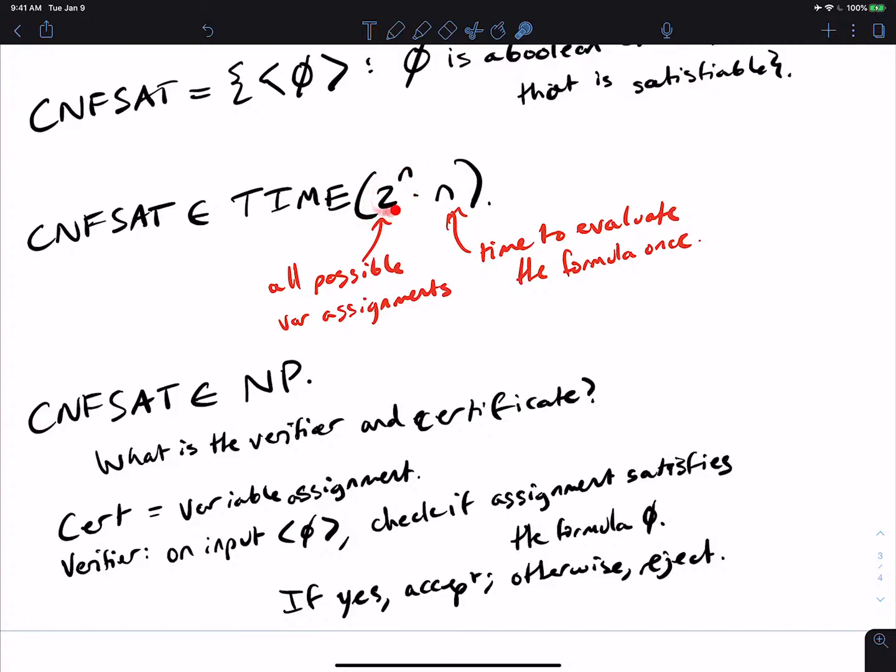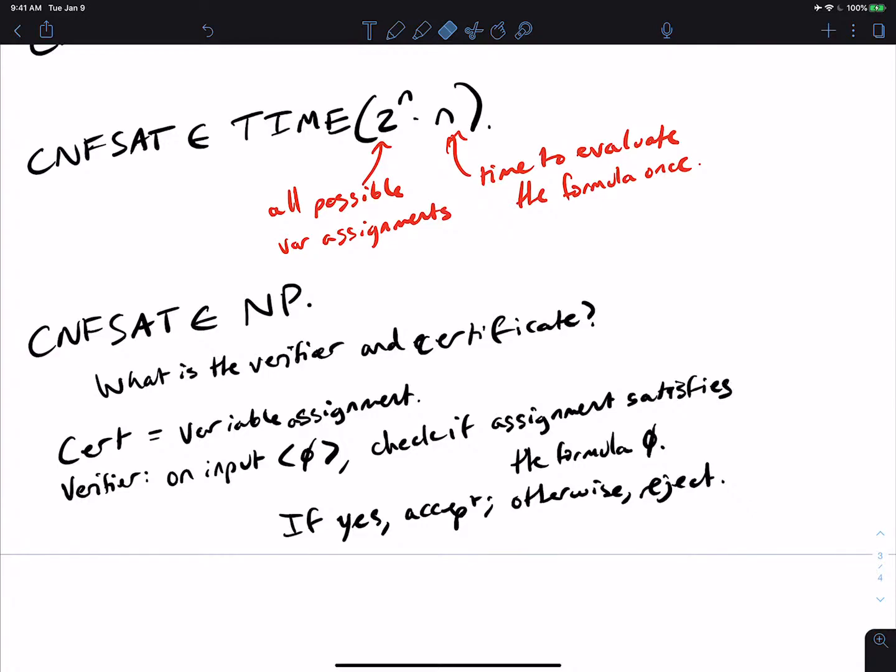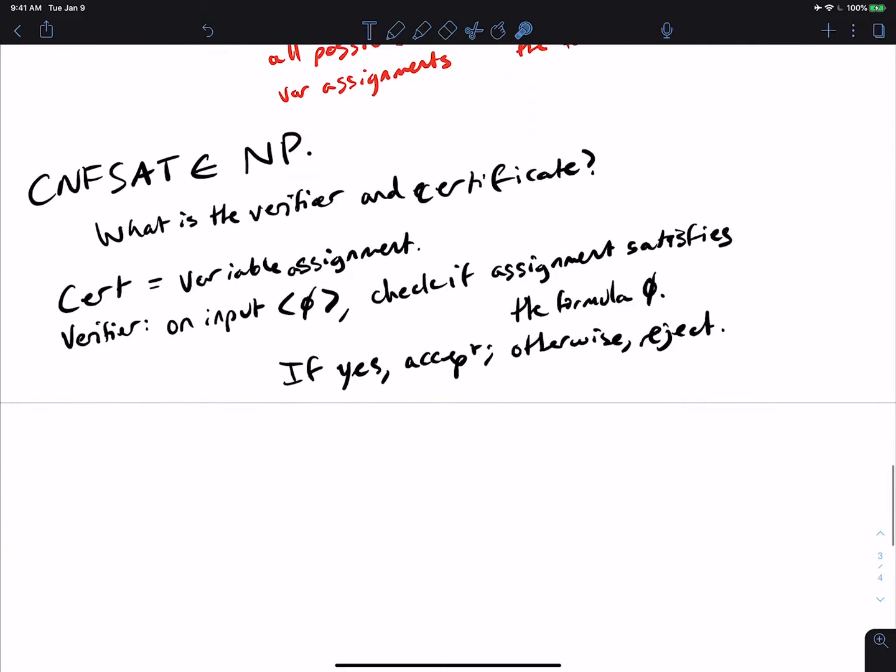We just have one assignment to check, and the time to evaluate it is n, the size of the formula itself, which is clearly polynomial time. So the verifier runs in polynomial time, and because NP is the class of problems that have polynomial time verifiers, CNF-SAT is in NP.